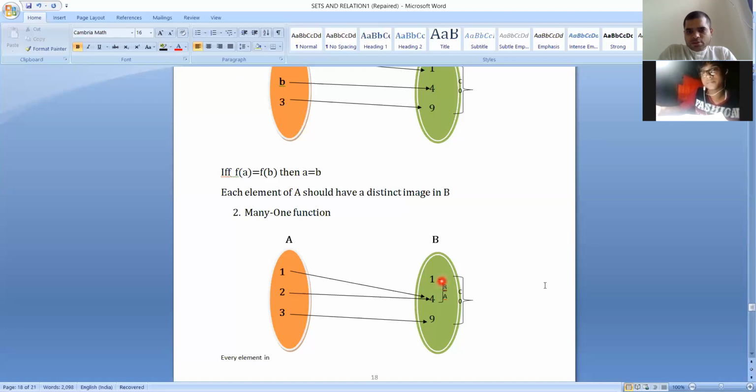Therefore it is not an onto function. So for a function to be onto, every element in set B must have a pre-image.